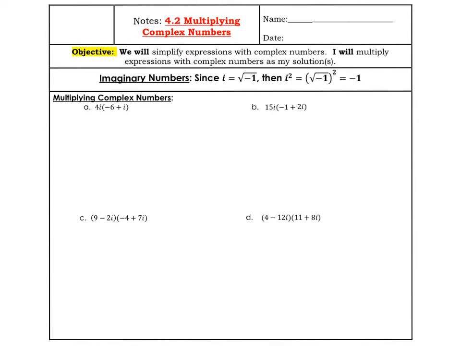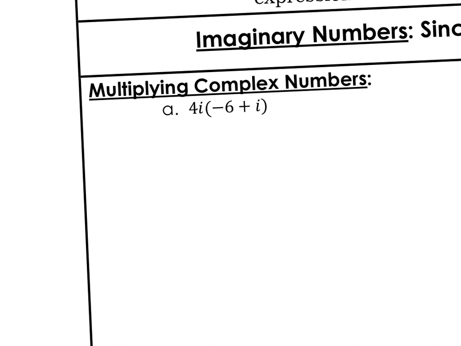So I have a few examples here where we're multiplying complex numbers. So just multiply whatever is outside of the parentheses. So I have 4i times -6, so that's -24i.